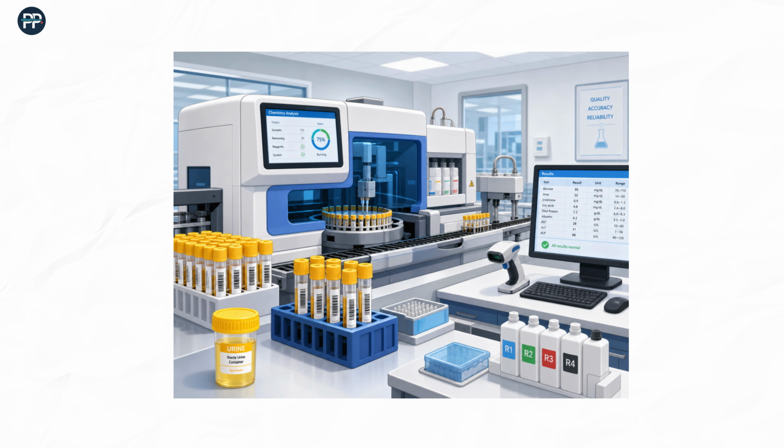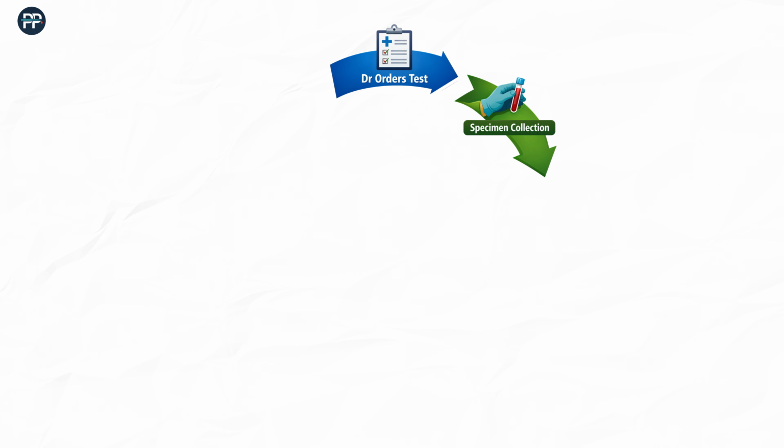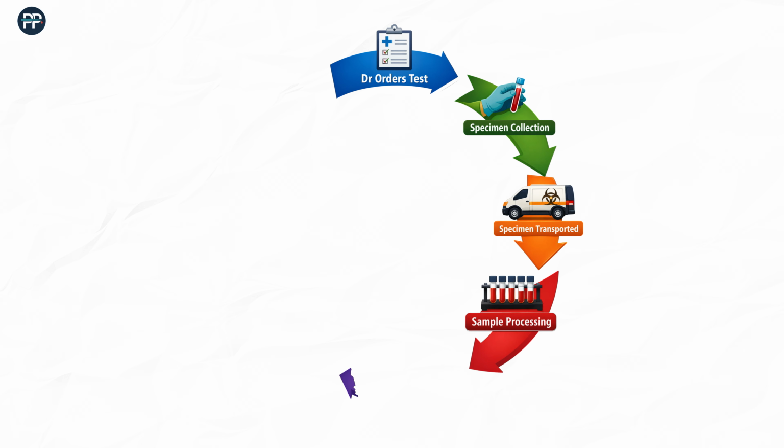The analyzer is a critical part of the process, but it is only one component within a much larger diagnostic system. Before a result is produced, the right test must be requested, the right patient must be identified, the right sample must be collected, labeled, packaged, transported, received, prepared, and analyzed.